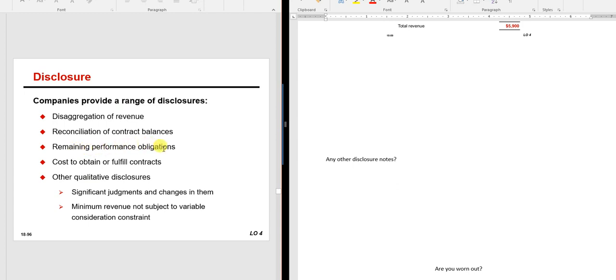So like I agreed to sell somebody 2 million tons and I've done 1.8 million, so I have to say, okay, I've got 200,000 left on it. Any significant judgments, etc. So kind of whatever in the world readers would want to know in your financial statements about these revenue recognitions. So kind of a good answer for disclosure is whenever there's a judgment call, there's a related disclosure. And we are done.